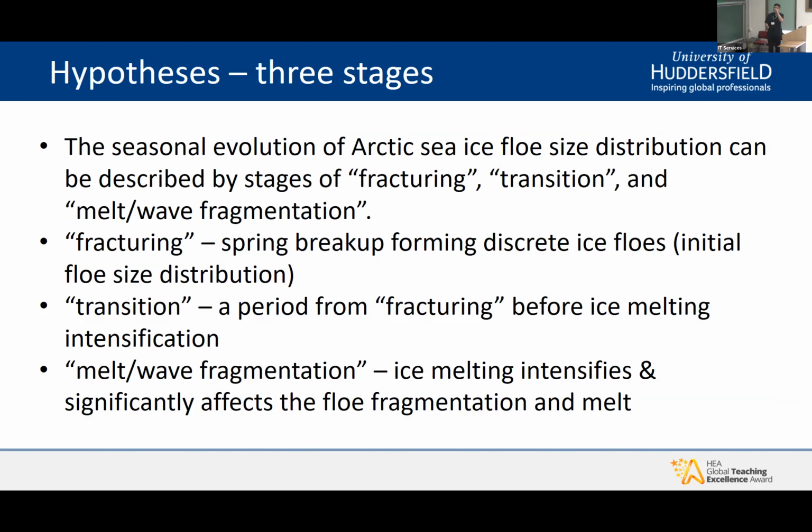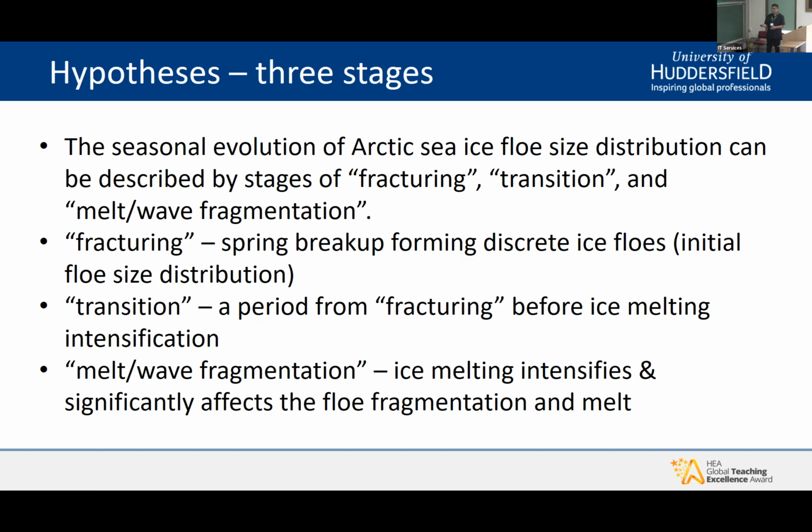So we first hypothesized how the floe size evolution might work. We start from the spring breakup. Obviously we disregard the winter sea ice, but starting from the spring breakup, we call it the fracturing case. What are the characteristics of floe size right after the spring breakup?